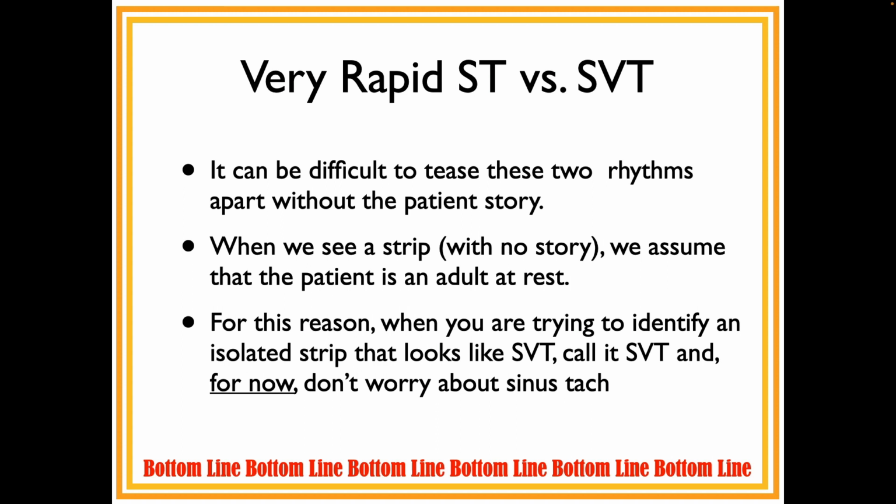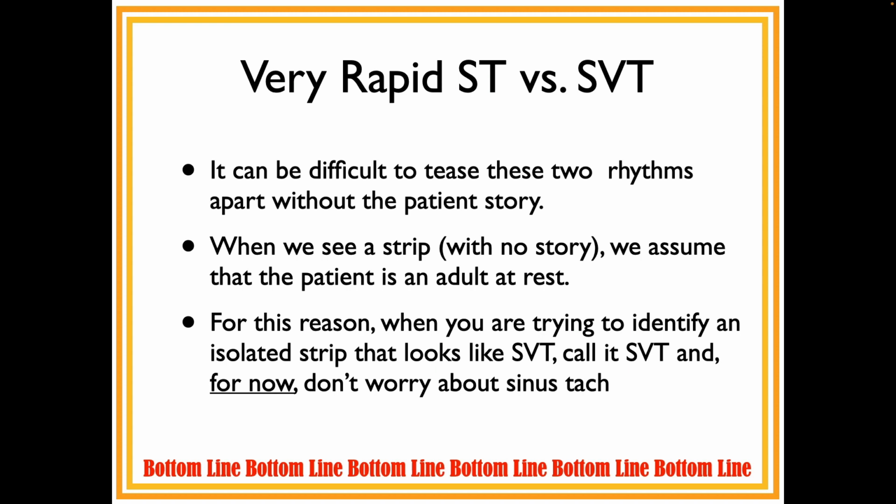There's a couple assumptions that we make. One is, unless you're told otherwise, anytime you see something like this, we always assume it's an adult at rest. That's just the rules of it. Everybody here is an adult at rest. They're not 4 years old. So for that reason, when you're trying to identify an isolated strip that looks like SVT, in this class, with no patient story, I want you to call it SVT.